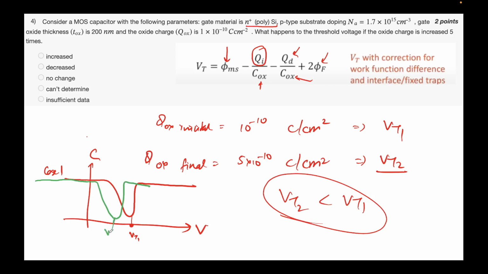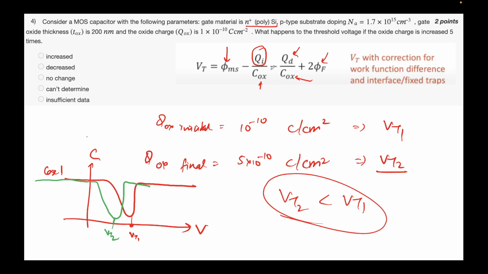This is your VT2, and this threshold voltage shift is coming due to the fact that we have more positive charge in the oxide. Or an alternate way of seeing it is that if you have a positive charge already in the oxide, that means you are effectively putting a positive voltage on the gate. And if a p-type semiconductor substrate is there, and you put a positive charge, then it's going to repel away the holes.